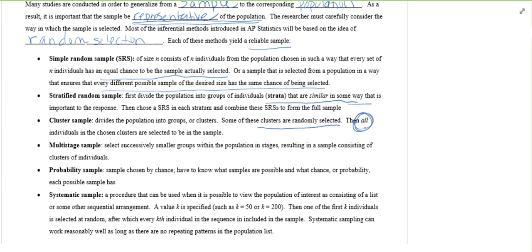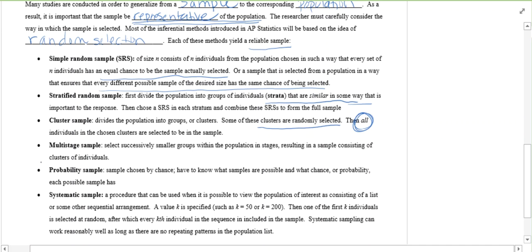Okay, so example of that, cluster sample. So suppose the administration at Oak Ridge wants to somehow sample students. They want to get some information from students. What they're going to do, which is a way to do a cluster sample, is randomly select, say, a building at Oak Ridge.